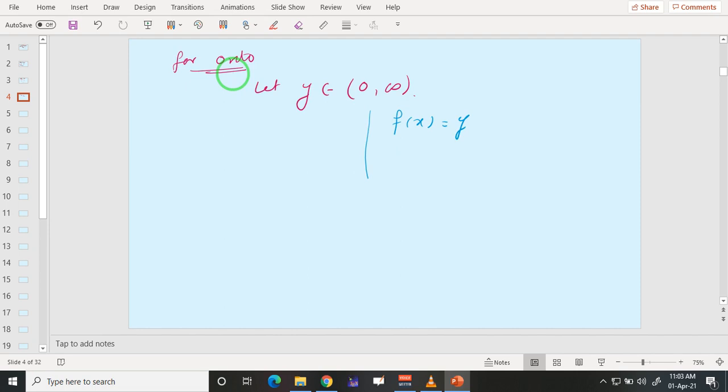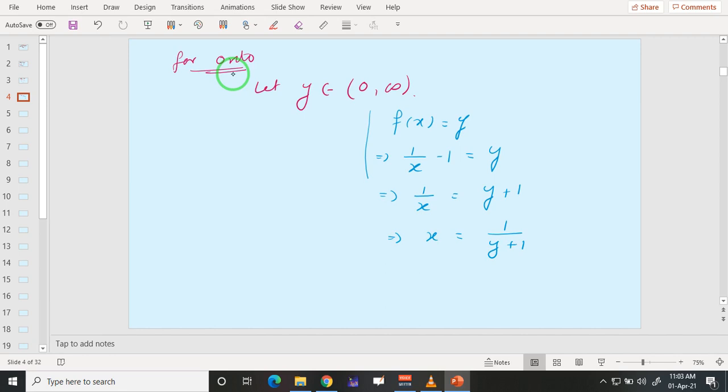Let us assume it and let us check what is the value of x. So if f(x) equals y, this implies 1 upon x minus 1 will be equal to y. This implies 1 upon x will be equal to y plus 1, and this implies x will be equal to 1 upon y plus 1. Next point, we got the x, right?